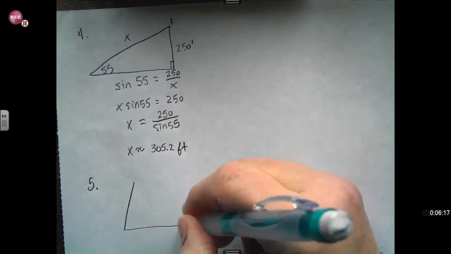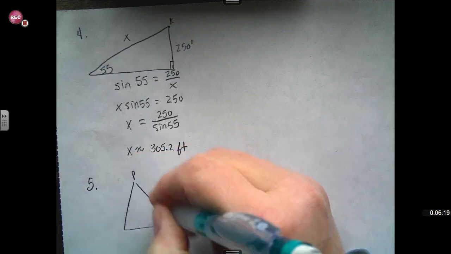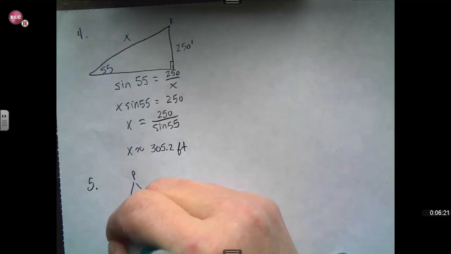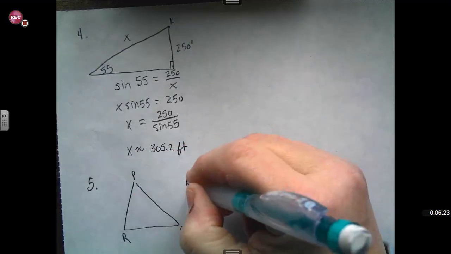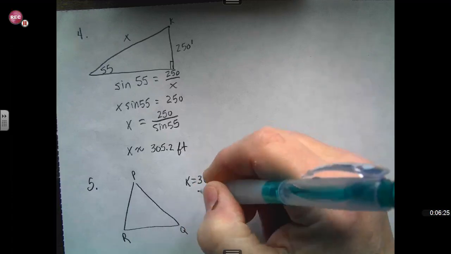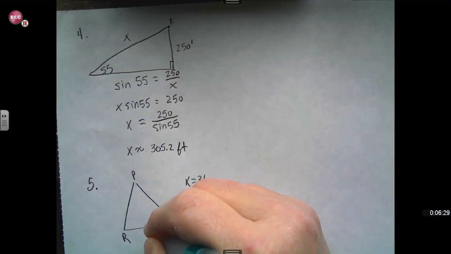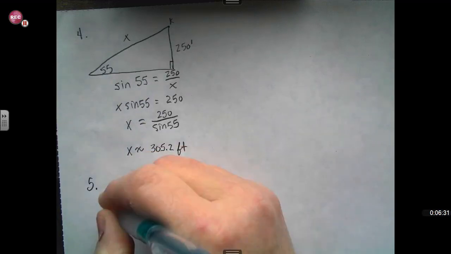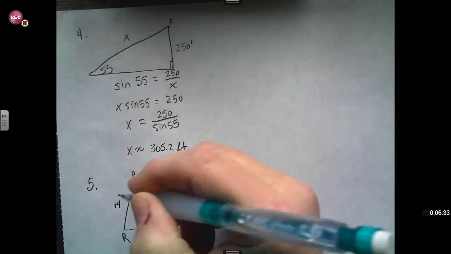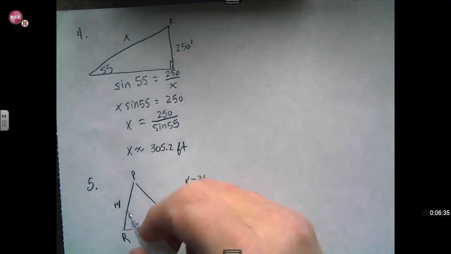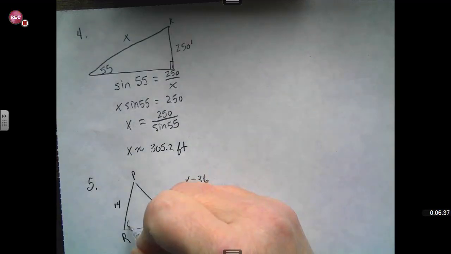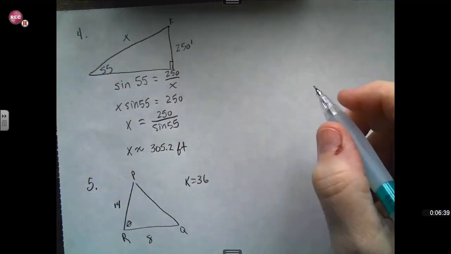So triangle PQR, the area is 36. Little p is 8. Little q is 14. And we want to find the possible measures of angle R. Okay.